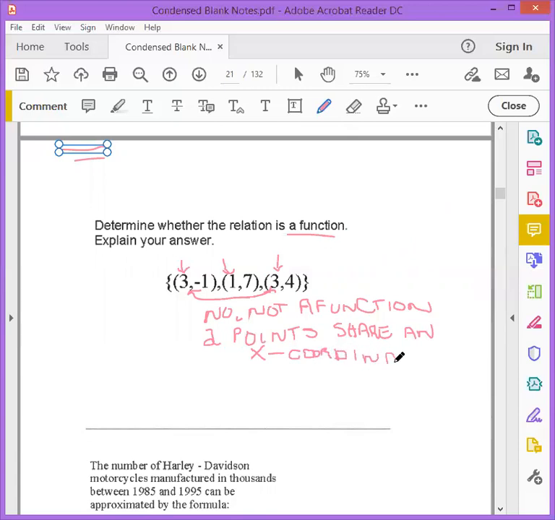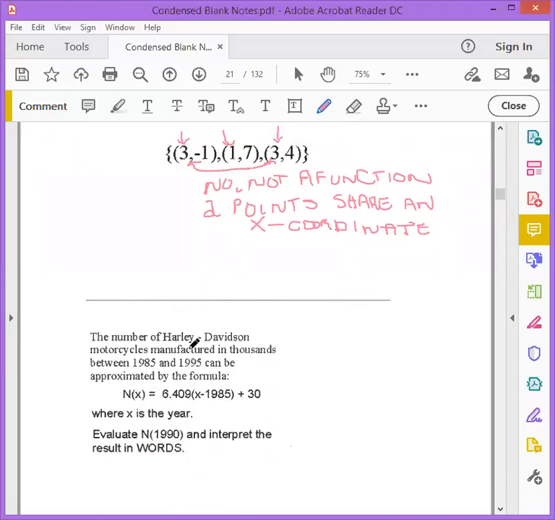And let's look at the next example. The number of Harley-Davidson motorcycles manufactured in thousands between 1985 and 1995 can be approximated by this formula.